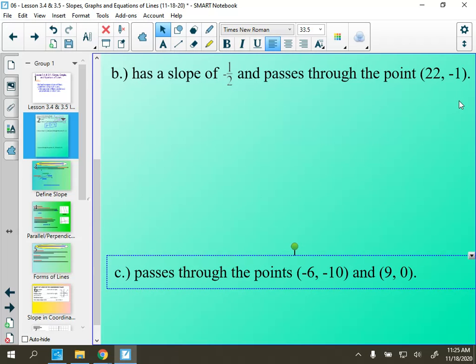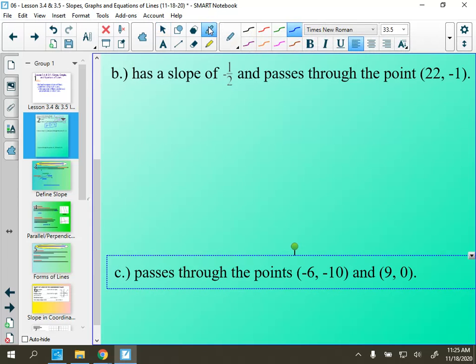But now this point, (22, -1), is nowhere near the y-axis. It's way off in quadrant 4. I'm not saying you should be graphing here, but at least we should see, this is the y-axis, and (22, -1) would be hanging out way over here, depending on your scales. So that's not on the y-axis. (0, -8) in the previous problem was right on the y-axis. That's why we could use that as our y-intercept.